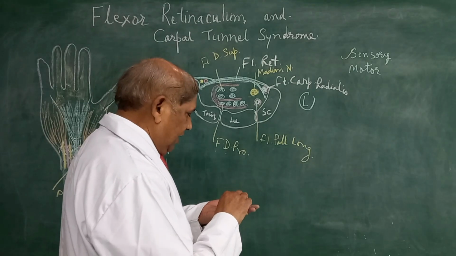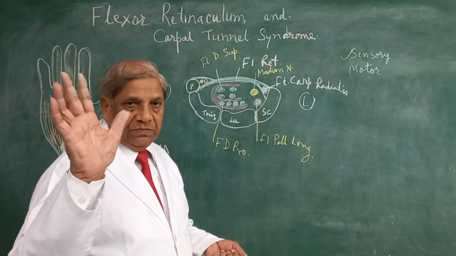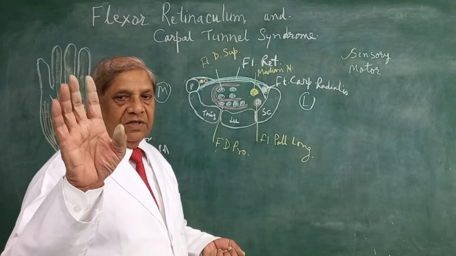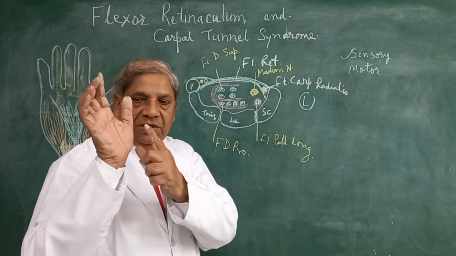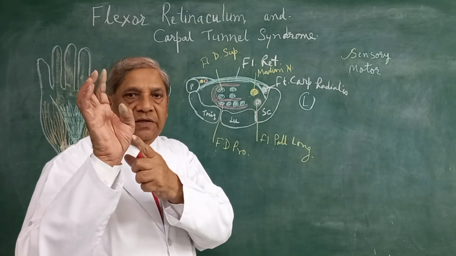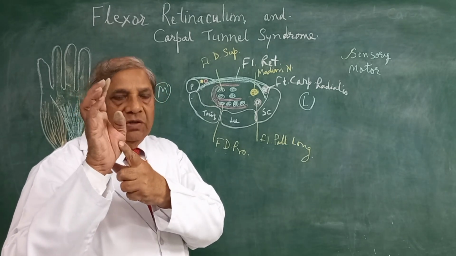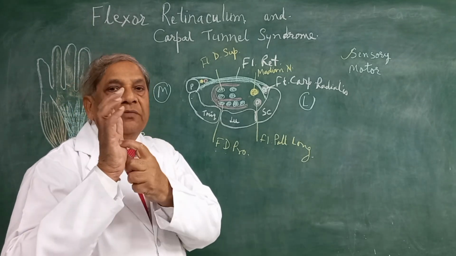At the same time, the patient will also complain of a motor deficit, because the recurrent branch of this nerve after passing through the carpal tunnel supplies the muscles of the thenar eminence which move the thumb. So there will be weakness in the movement of the thumb, because the nerve is compressed.